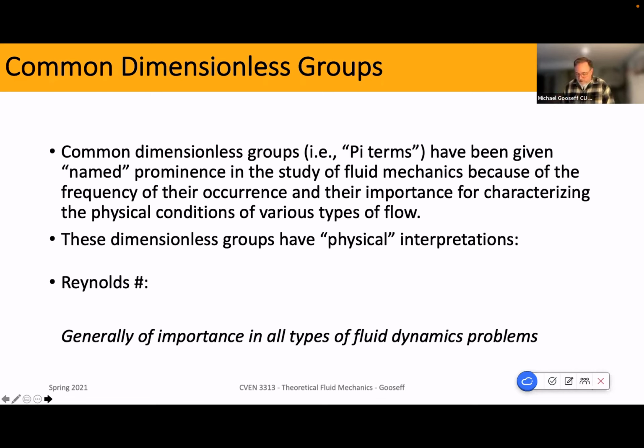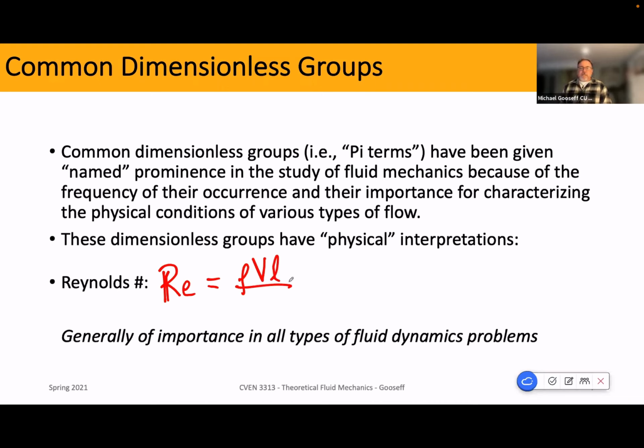But they are dimensionless numbers. The Reynolds number is one of these that's quite important. We use it to identify when flows are turbulent versus laminar, and we come up with thresholds for that, but it's basically the density of the fluid multiplied by its velocity times some characteristic length.